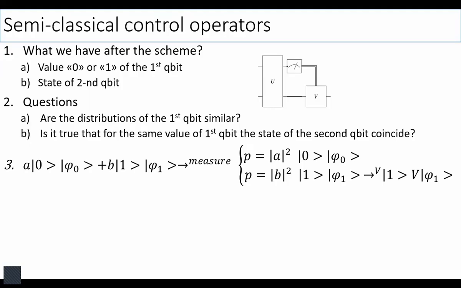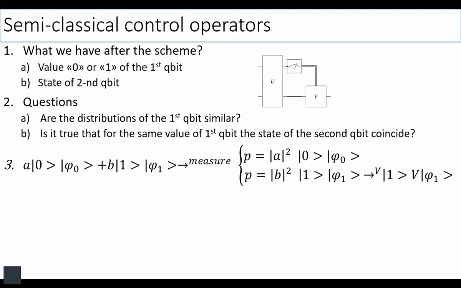Then with probability A squared, I will get 0 and the state 0, phi 0. In that case, I don't need to do anything more. So this is my final state.